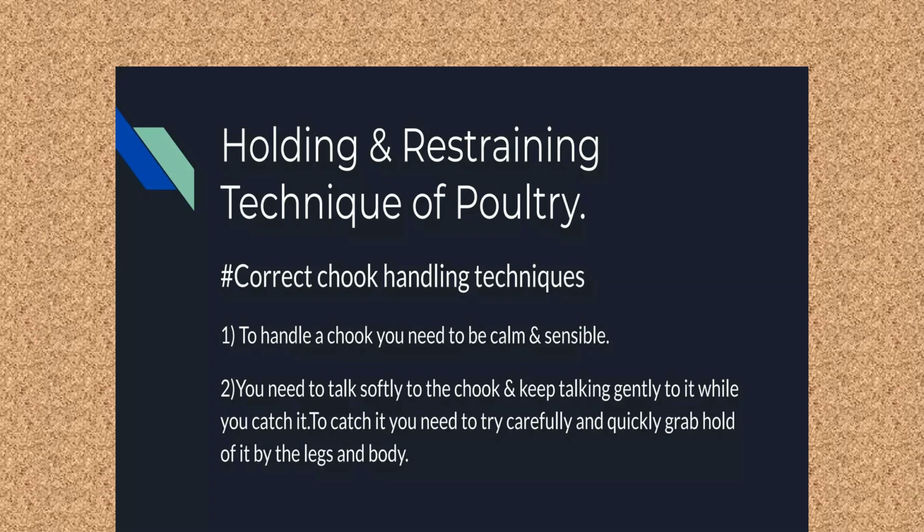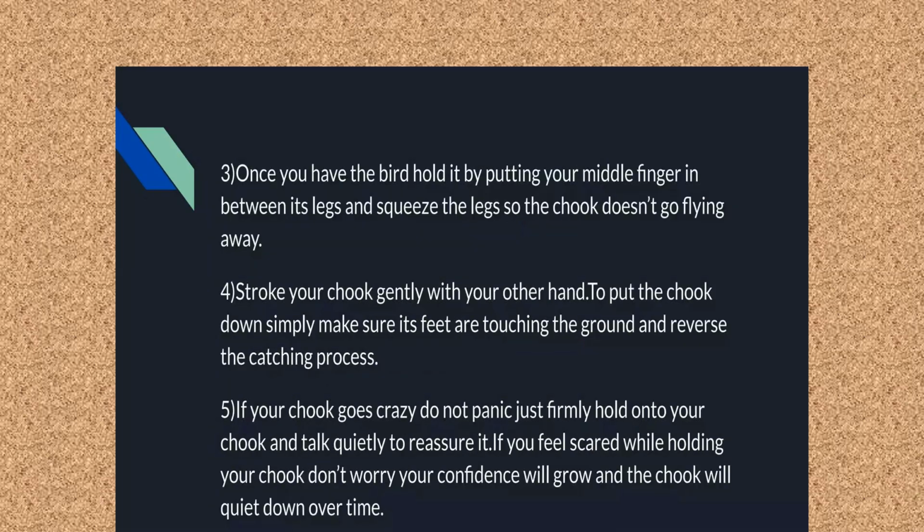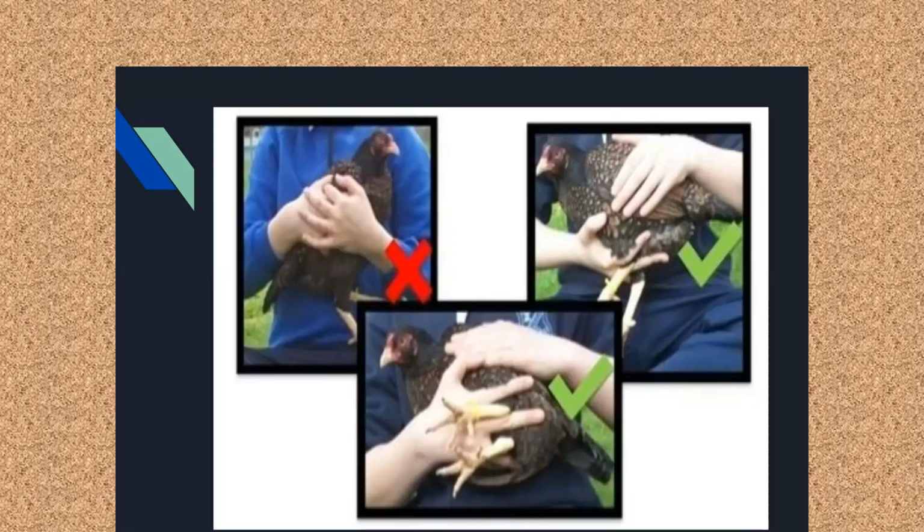So we need to hold the chicken very properly and softly, to avoid choking and aspiration or crush injury. The birds can be held by holding the legs, and the wings should also be properly restrained.